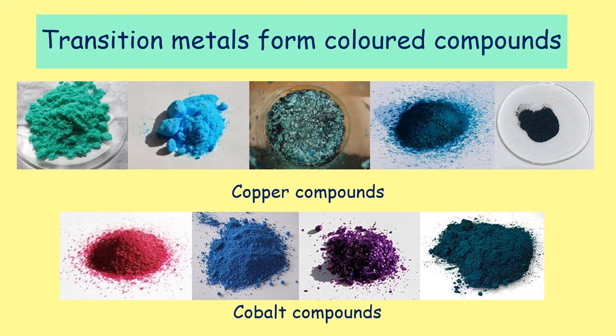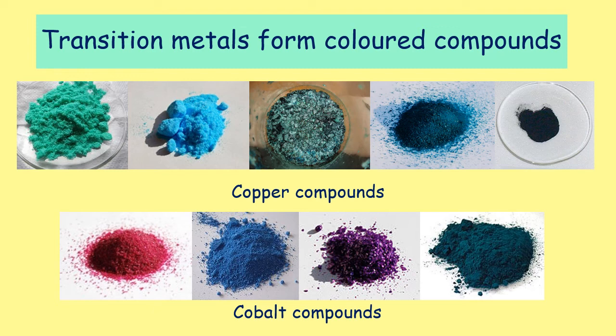So transition metal compounds form colored compounds, and the reason why they form colored compounds we'll get into in more detail later on. But the color changes in compounds depending on the oxidation state. So copper in some of these compounds at the top, they're all sort of shades of blue or green, that's common for copper.